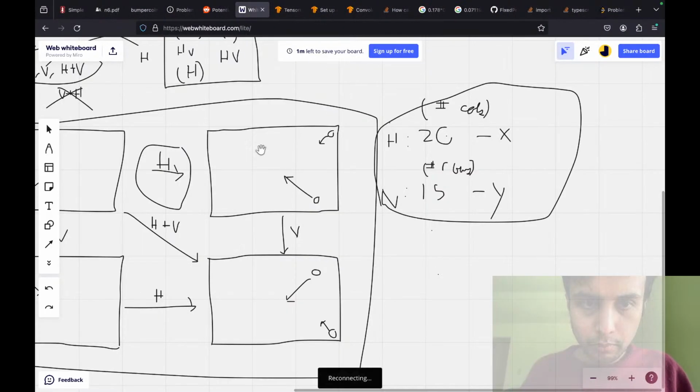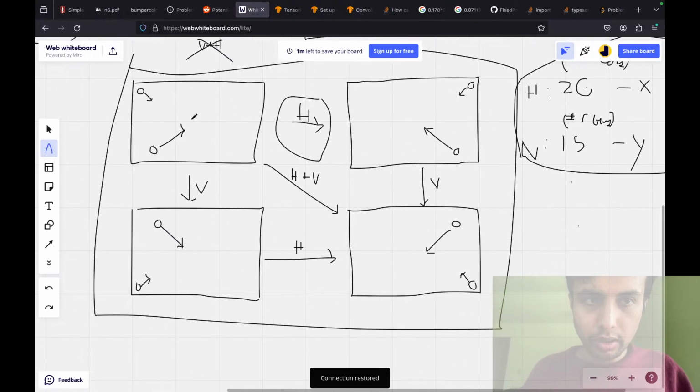On the whiteboard, we basically did this for all the coins. Take this H for example, horizontal. This coin flips about the vertical midline and goes here. The top left goes to top right, bottom left goes to bottom right.